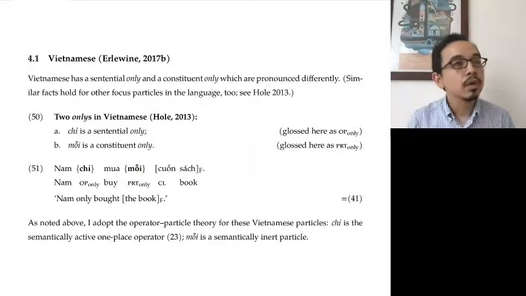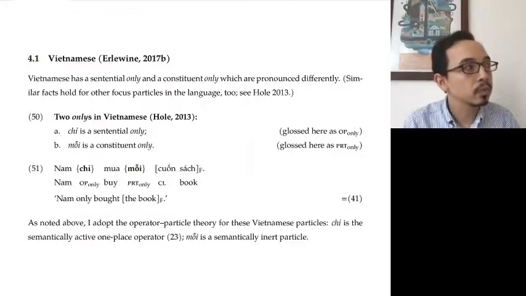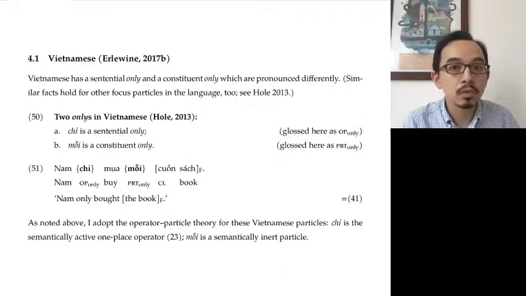No. In the English case, only rarely has two cases like sentential only and constituent only. How can you get that kind of intuition? Only has two different onlys, one sentential and the other constituent.